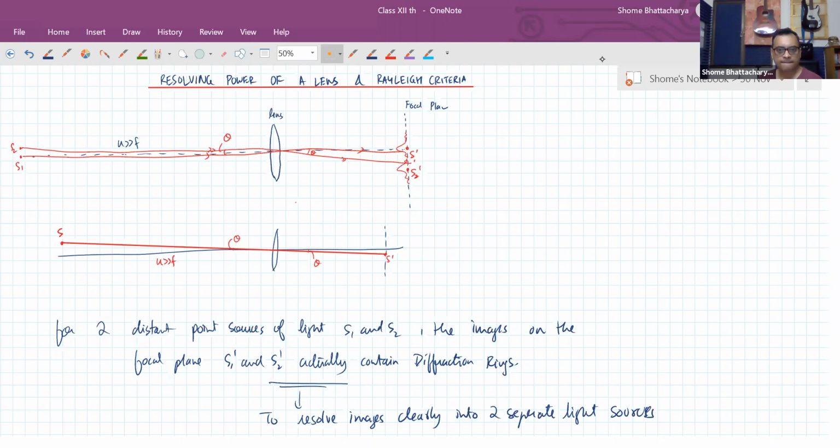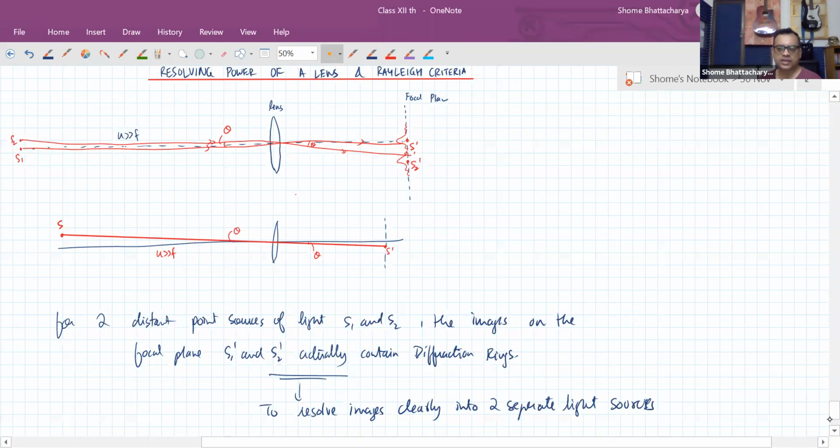The line joining S1 and S1 prime is the principal axis, but S2 and S2 prime is at an angle to the principal axis. Okay. So that is the diagram.